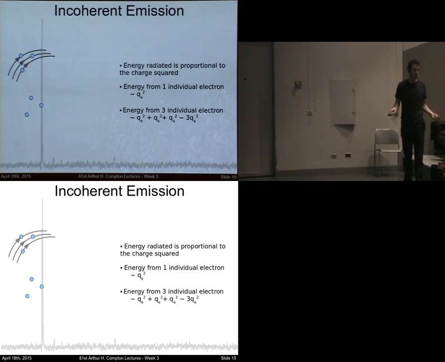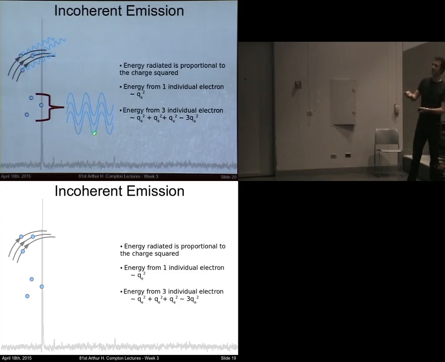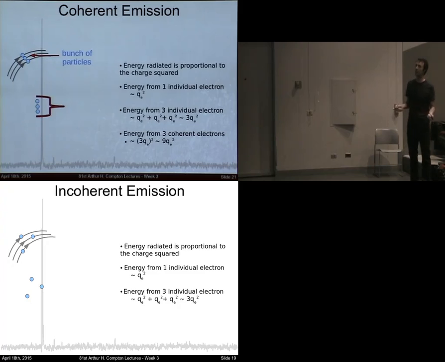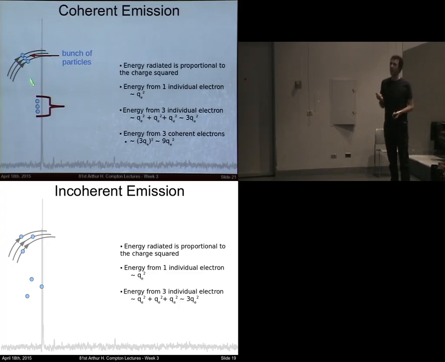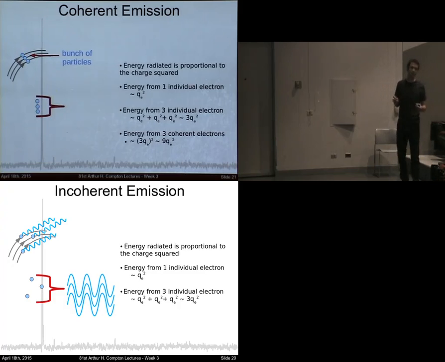And the reason I introduce incoherent emission is because I want to talk about coherent emission, and I have to give you some contrast. So that's a little cartoon of the photons coming out of the charged particles. Now, incoherent happens if the particles are not close together.